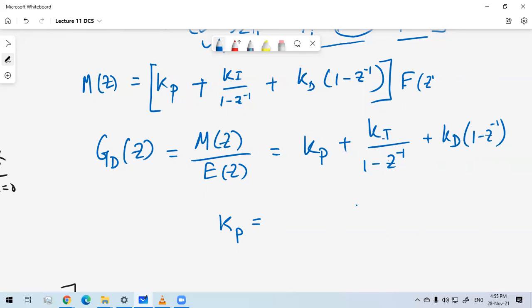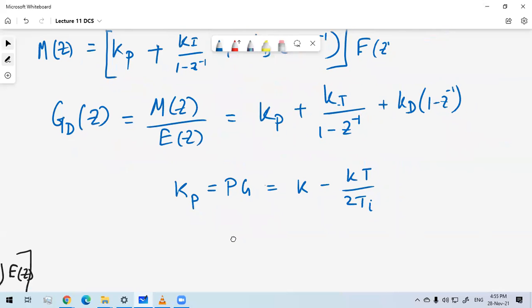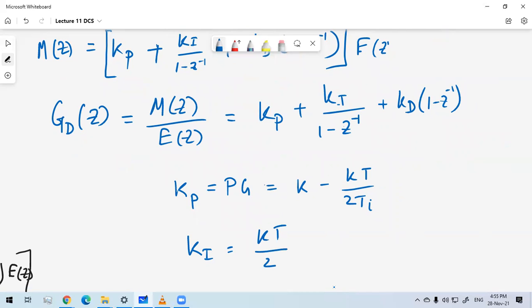So the proportional gain is given as K minus KT by twice Ti. And interestingly, whether you have noticed or not, Ki is basically KT by Ti, so the 2 is not there.